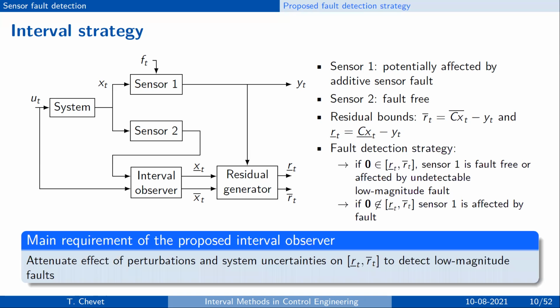The problem that could appear here is for a low magnitude fault signal, because it would be drowned in the uncertainties and perturbations, and thus we might not detect it. But it would be up to the designer to consider if it's a problem or not. Here our goal is to reduce as much as possible the size of the residual interval to detect the fault with the lowest possible magnitude.